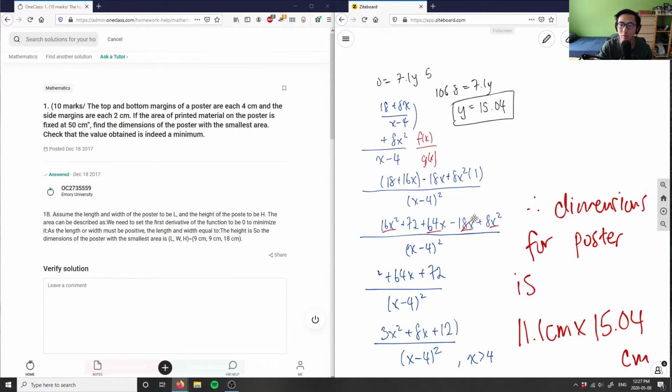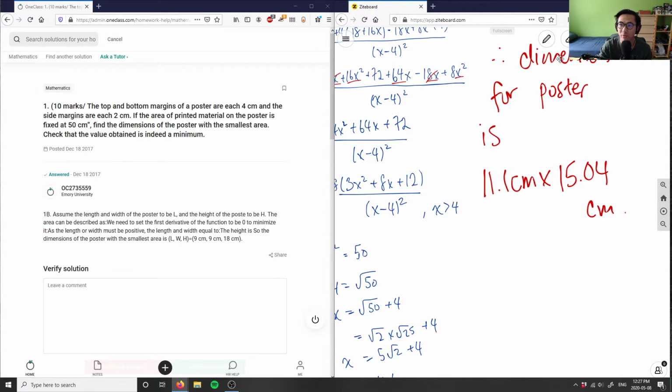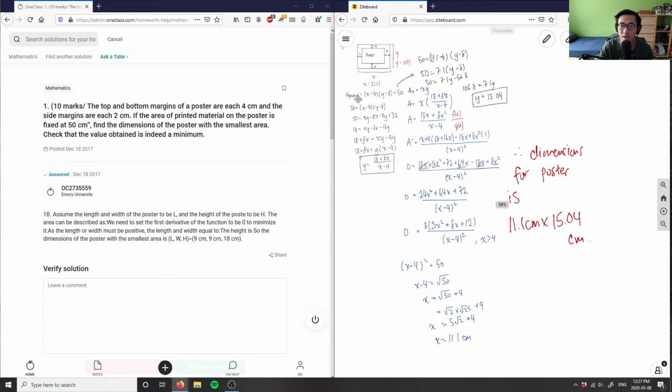Actually, I think the dimensions of the poster, or is it the total area is 11.504. Sorry, I think I messed up here again. But 11.1, I'm gonna have to subtract the borders to that, right? So again, because the area of the poster is x minus 4 here, I'm gonna have the area of the poster, because this here is the total area, not the area of the poster.